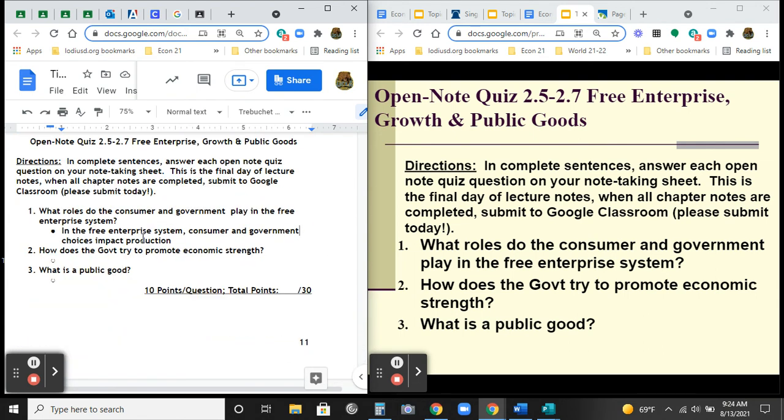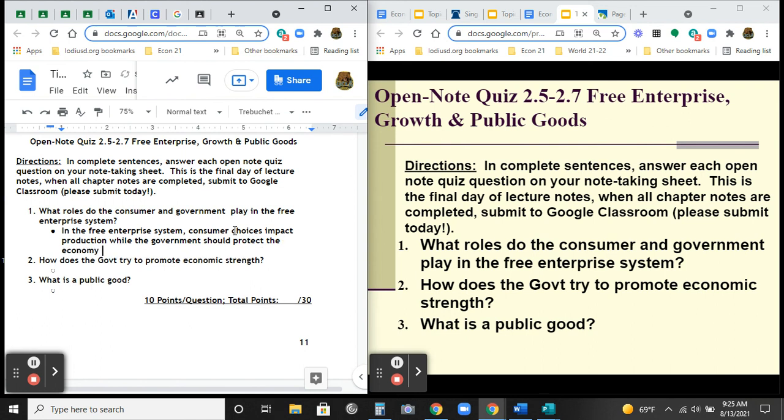So let's modify our answer. Consumers' choices impact protection. I think that's good enough. While government should protect the economy, laws, example.